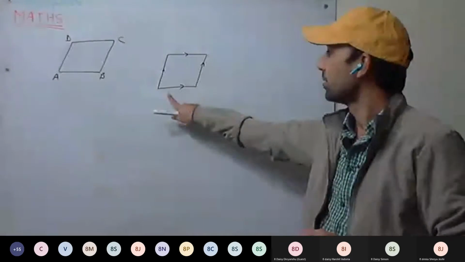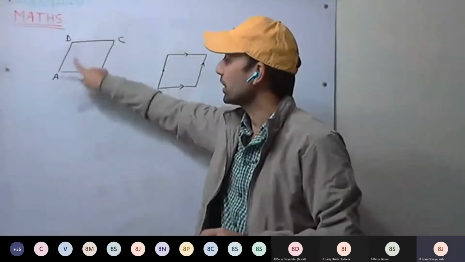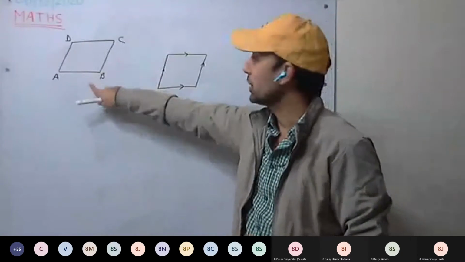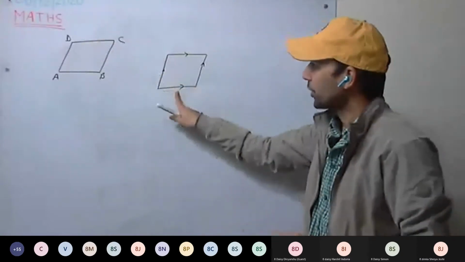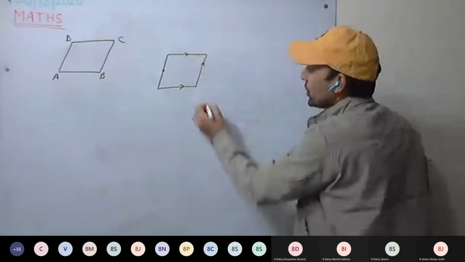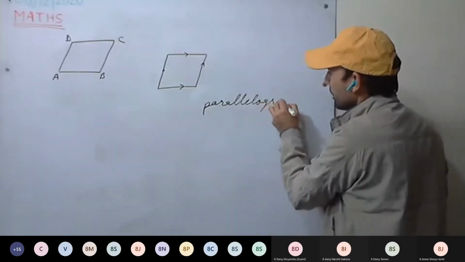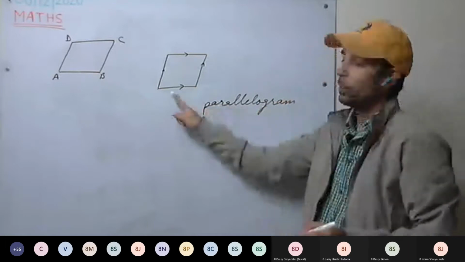Is this clear? So if I make the opposite sides parallel, a kind of figure we will be getting. This figure is called a parallelogram.